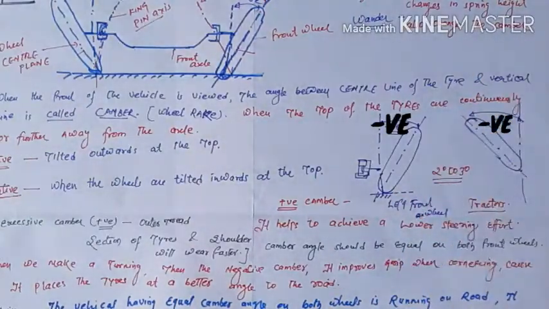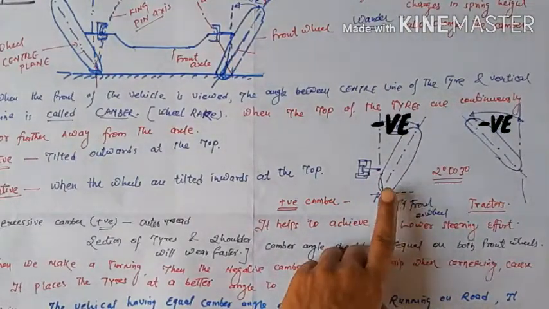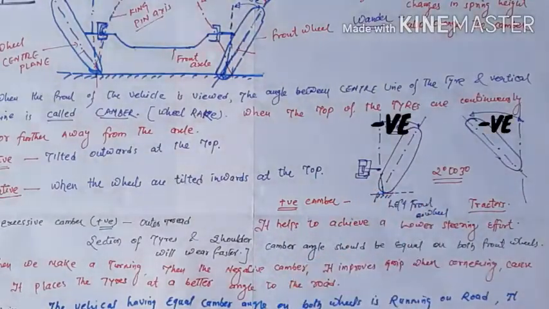When the camber is zero, that means no inclination, no tilting of the wheels to the vertical.